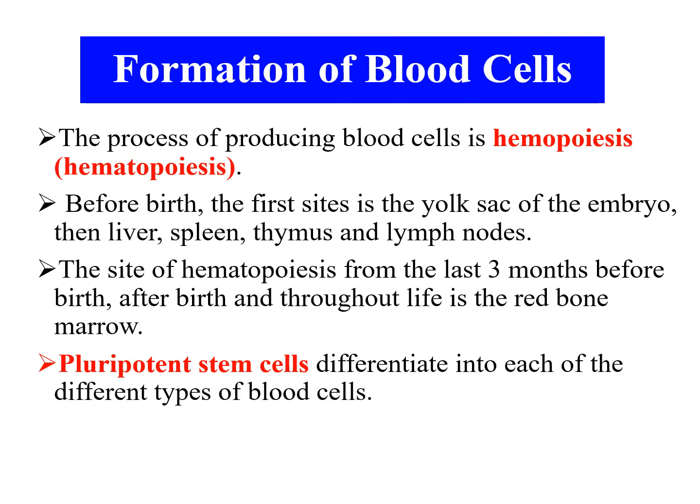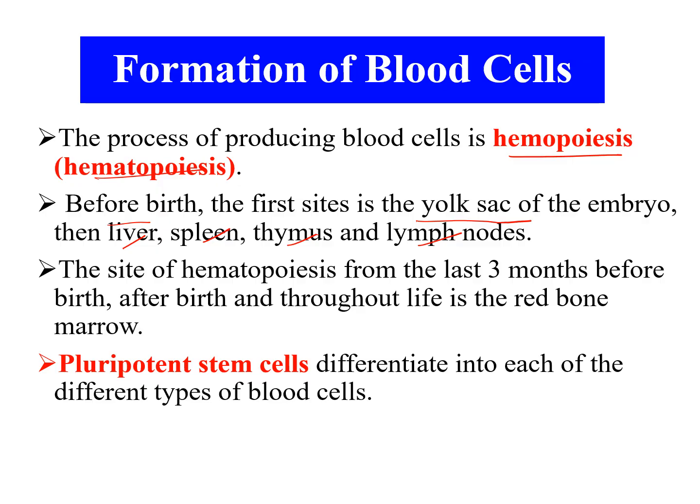Let us now talk about the formation of blood cells. The formed elements of blood are continuously being replaced. The process by which these blood cells are produced and develop is known as hematopoiesis. Before birth, this process occurs in the yolk sac of the embryo, then later occurs in the liver, spleen, thymus, and lymph nodes.